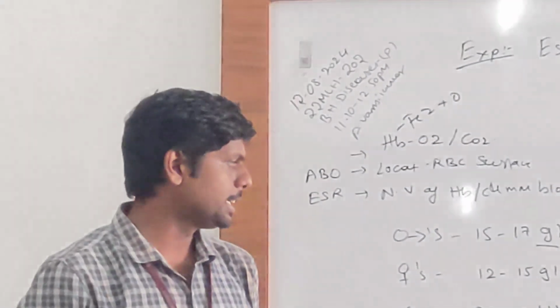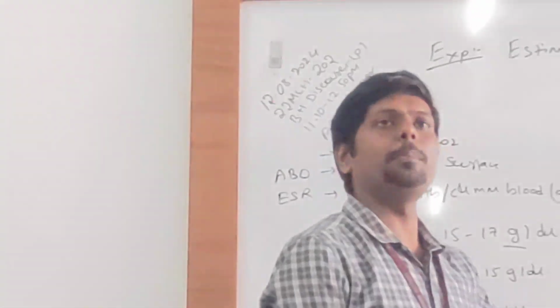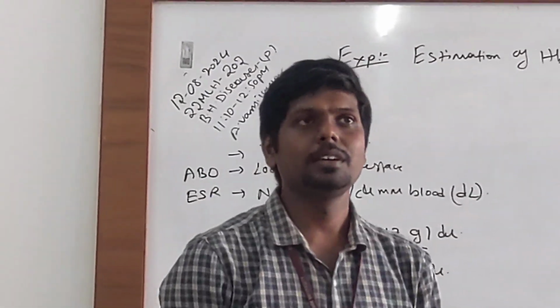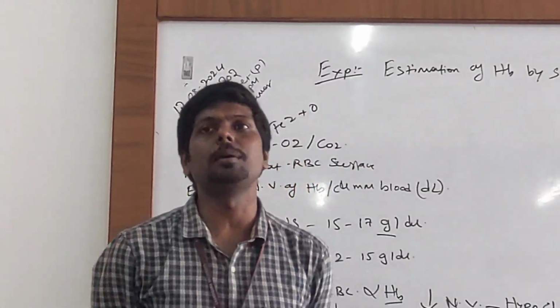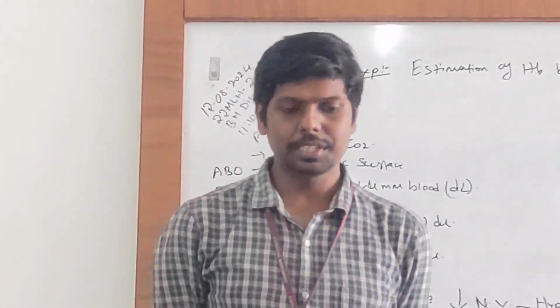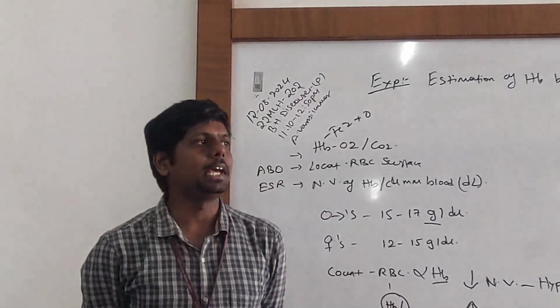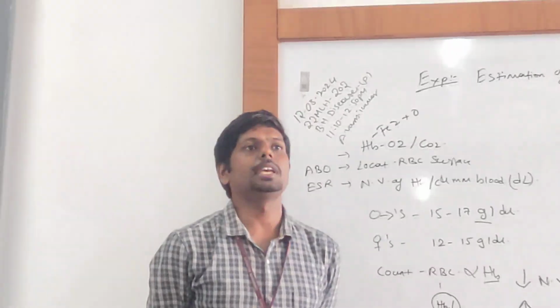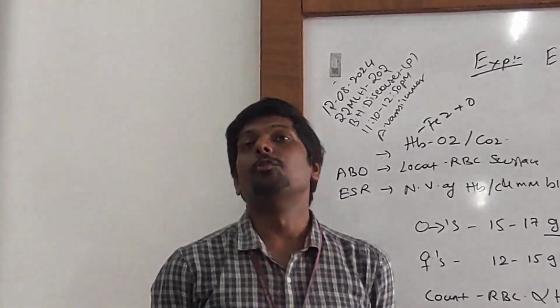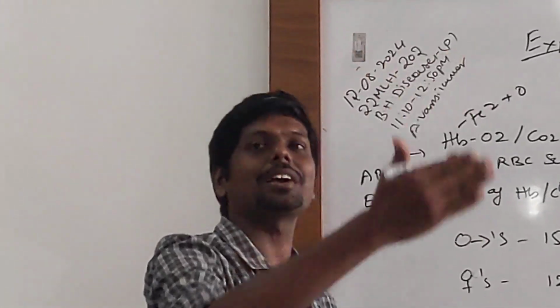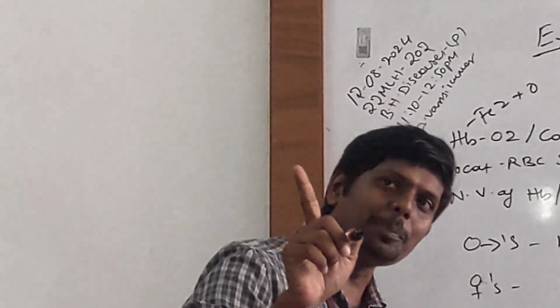Now let us see in what conditions hypochromic anemia might happen. Any idea? Yes, Melissa. Iron deficiency. Very good, excellent. Everyone appreciate her. Please don't sleep in the class.